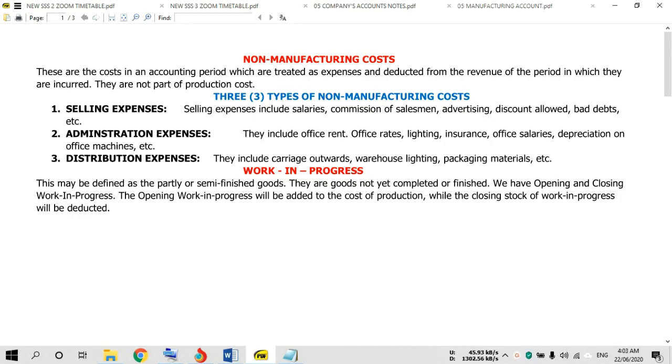I'm going to be teaching you how to solve related questions as far as manufacturing account is concerned. Before this week, we talked about the classification of costs of production in manufacturing accounts.